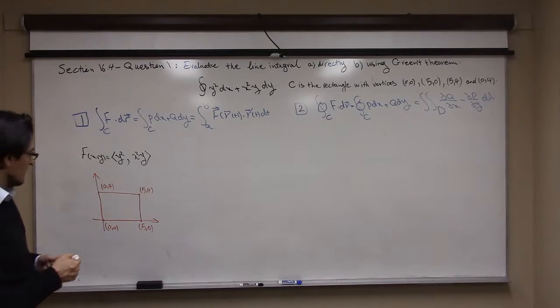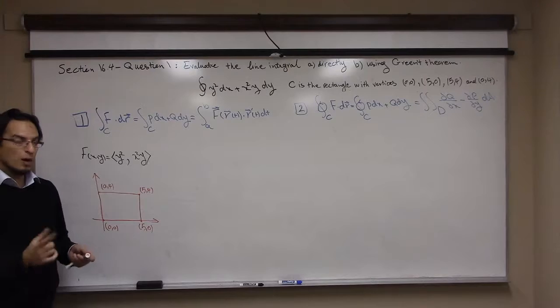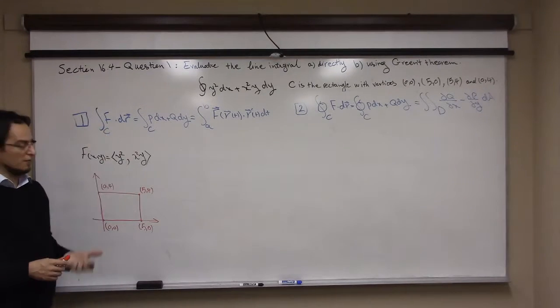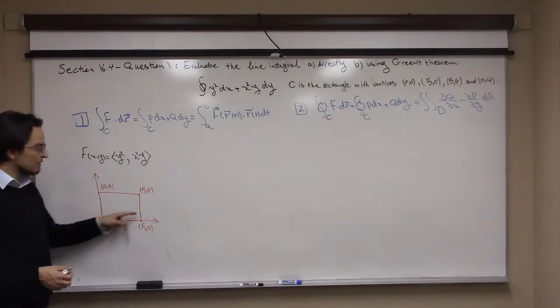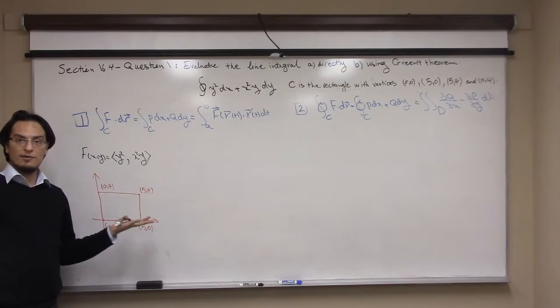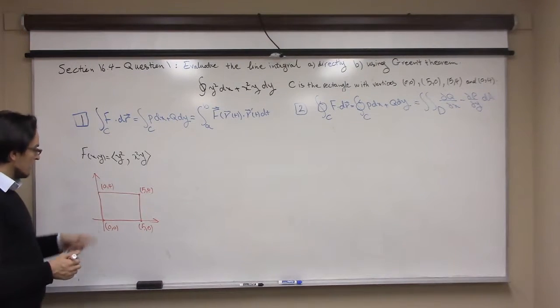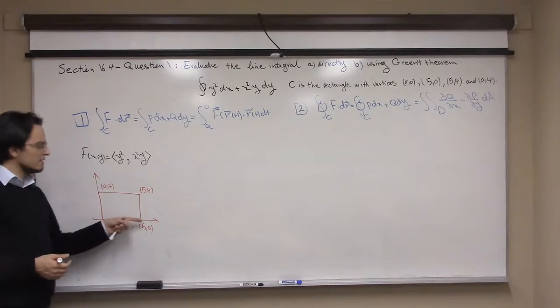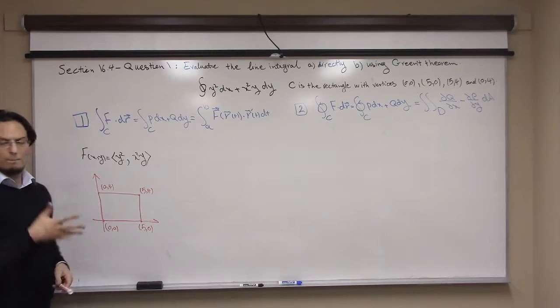So let's do type 1, using the direct definition. For that, I need to parameterize this curve by a vector function. I cannot do that in one go because this is a kind of bad curve.